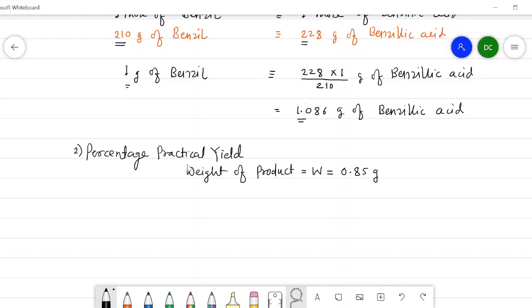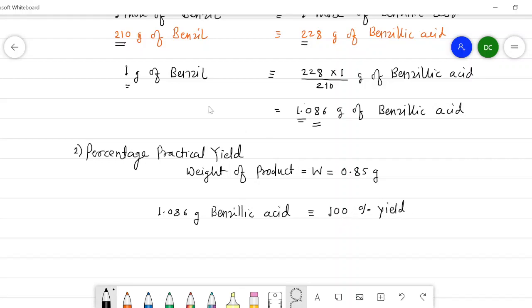Now, a percentage practical yield is calculated from the theoretical yield of benzilic acid. Here the theoretical yield, that is 1.086 gram benzilic acid, is nothing but the 100% yield.